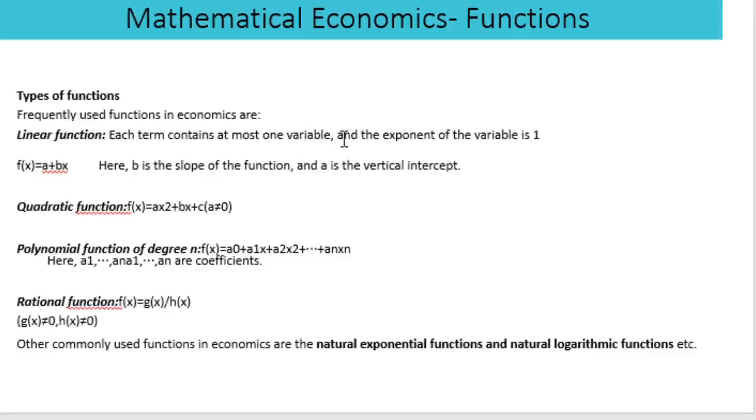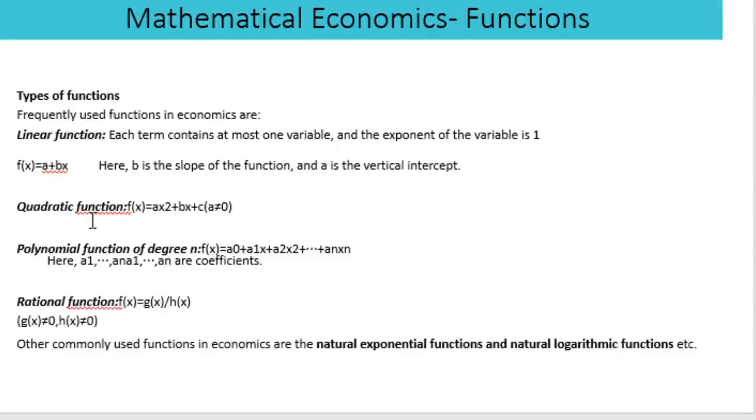And what are the different types of functions that are frequently used in economics? First one is the linear function. If the exponent of the variable is 1, then it is known as a linear function. In the given example, f(x) equals a plus bx. Here the exponent of the variable is 1, therefore it is a linear function.